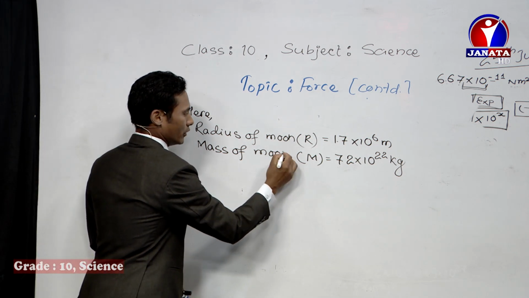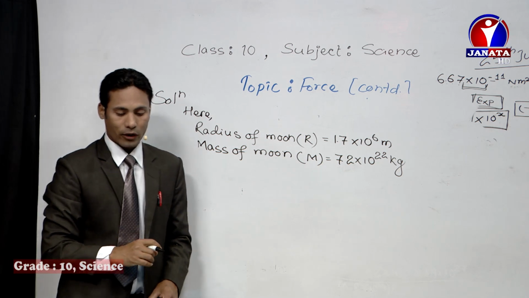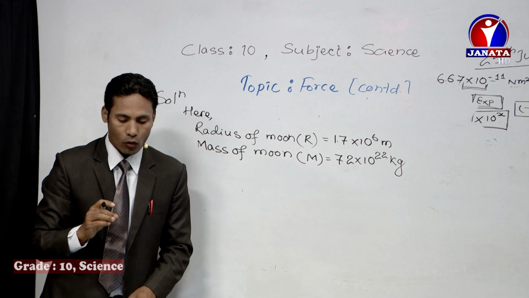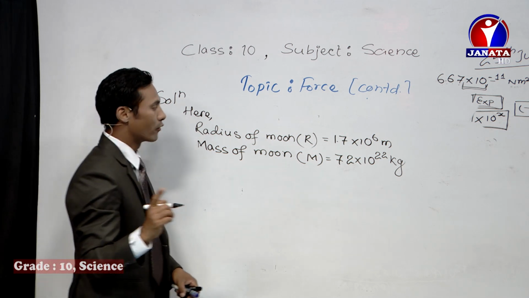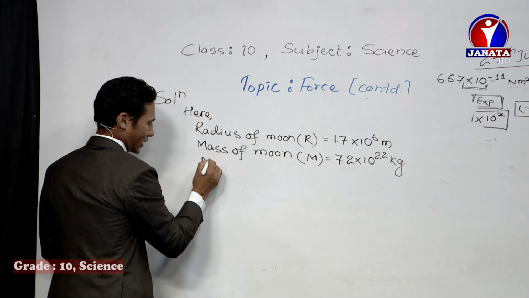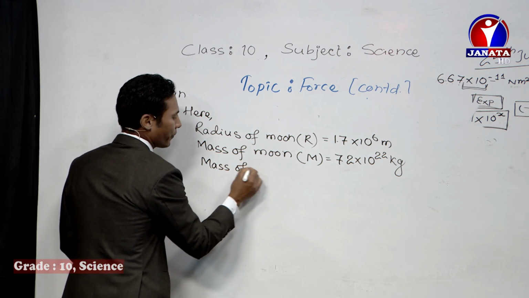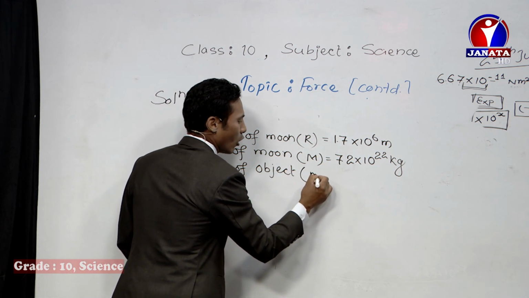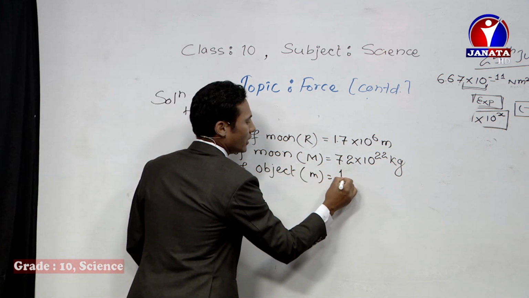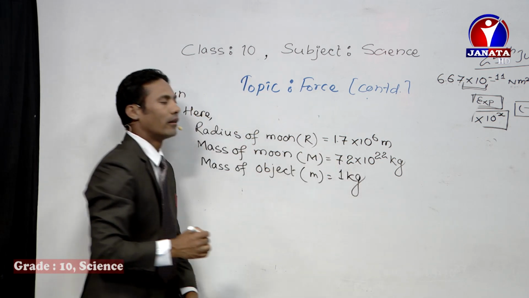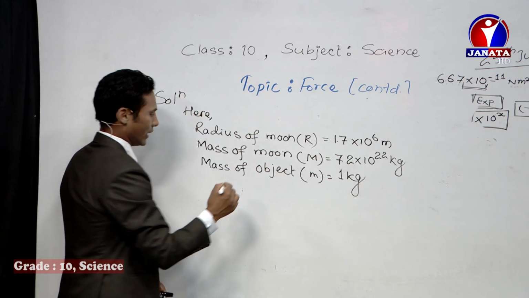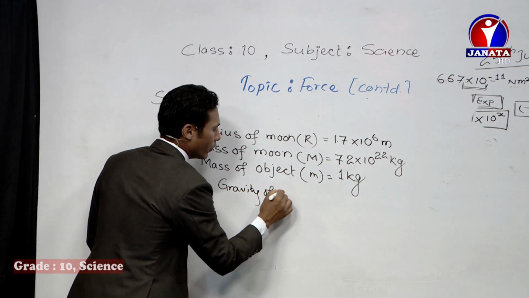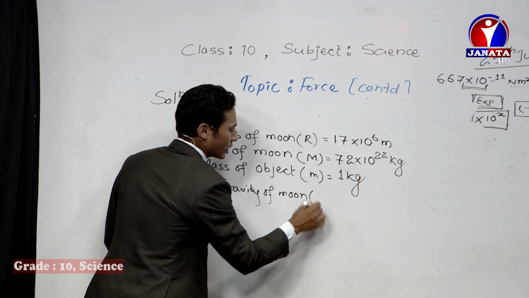And the next thing given is: what is the gravity of the moon on a body with mass 1 kg, right? So another object's mass, I will represent by small m equals 1 kg. We need to calculate the gravity of the moon.